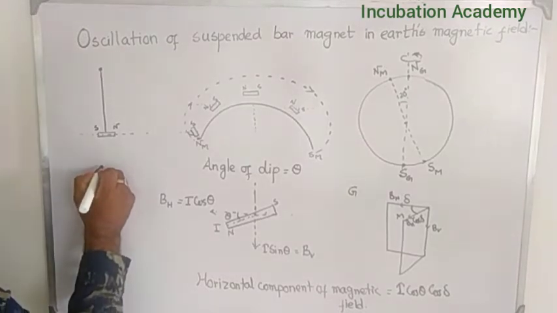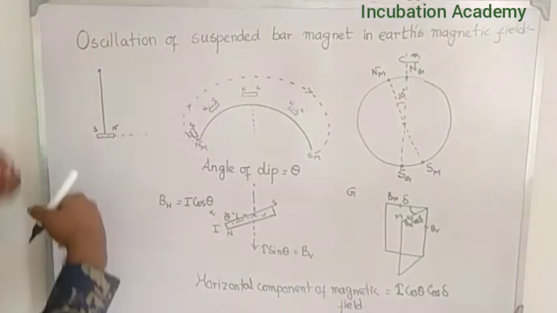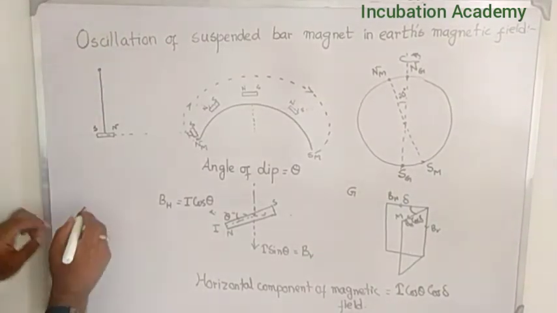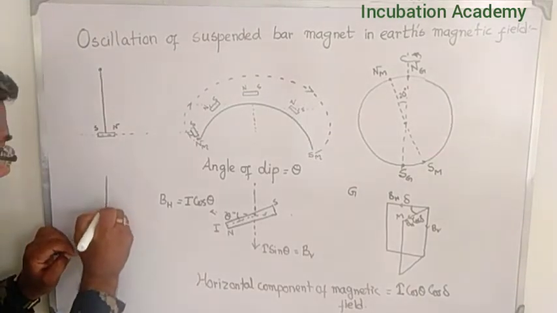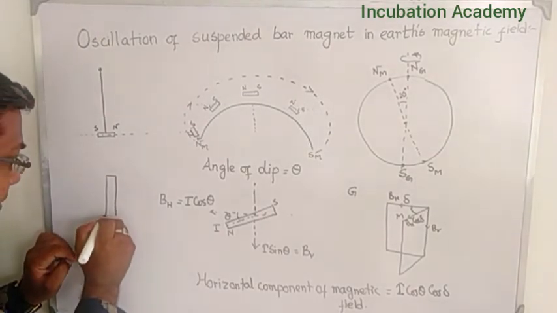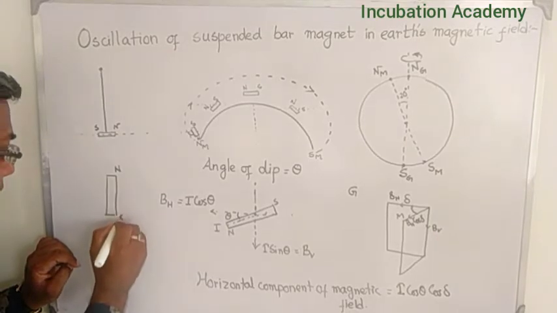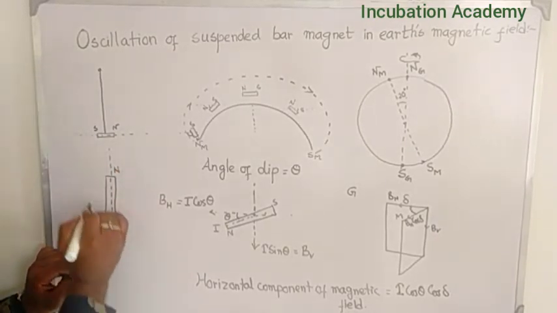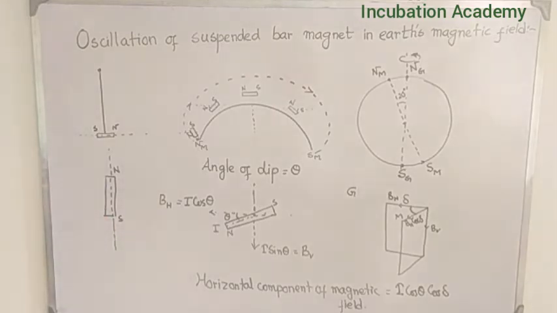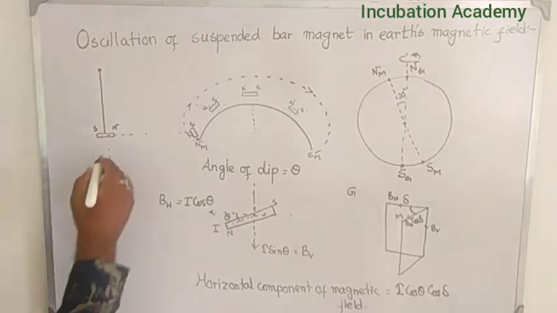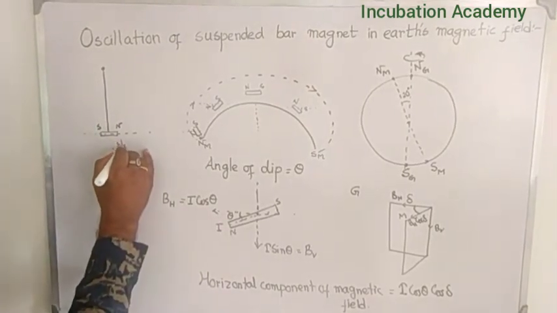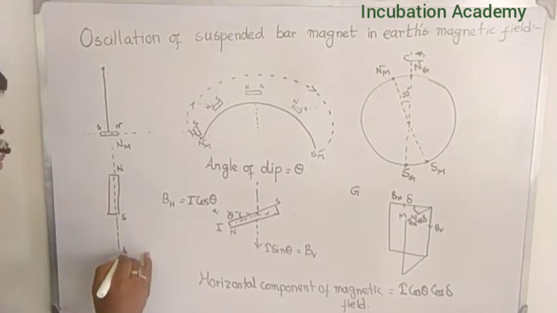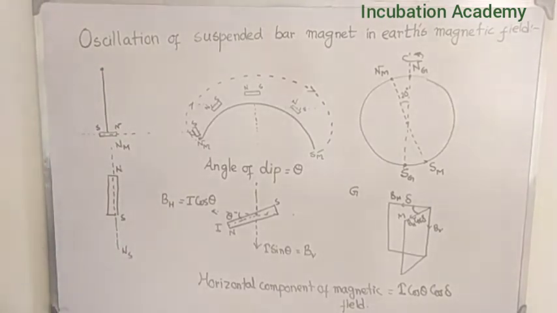Okay. If somehow any external torque or external magnetic field disturbs it, then what will happen? Let me try to draw it from the upward view, the bird's eye view. This is my north pole, this is my south pole. It is at first aligned along the direction of the magnetic meridian. Here the magnetic north is there and here the magnetic south is there.